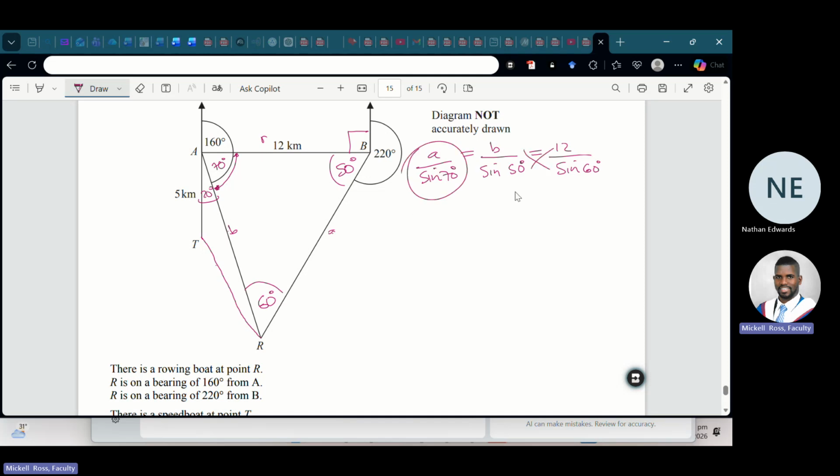We're going to use this one. So we're going to have b times sine 60 equal to 12 times sine 50. Divide by sine 60 on both sides, and these go.